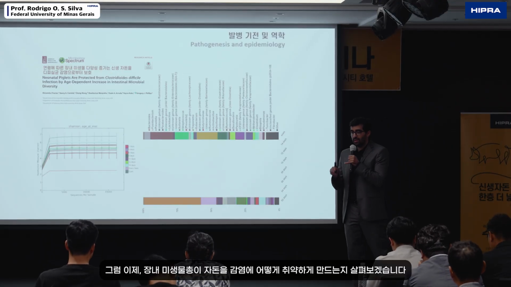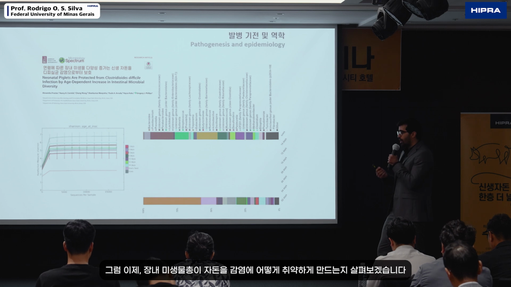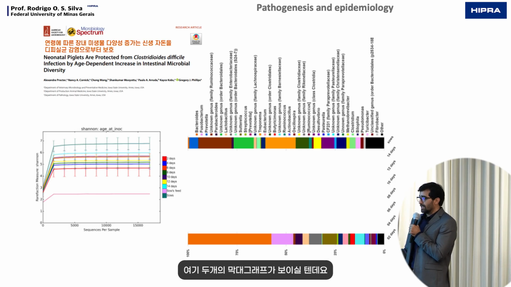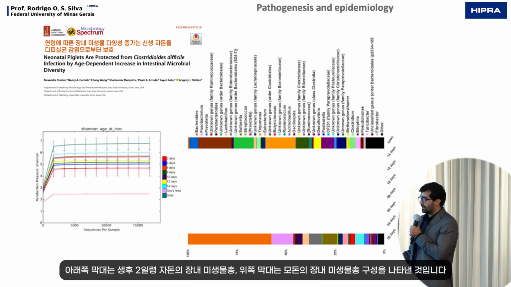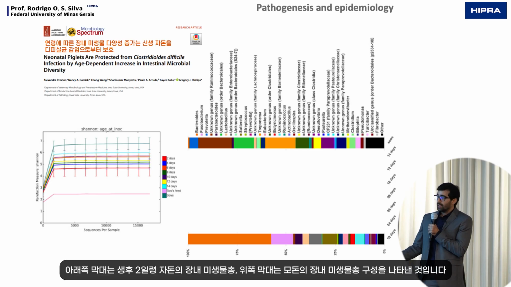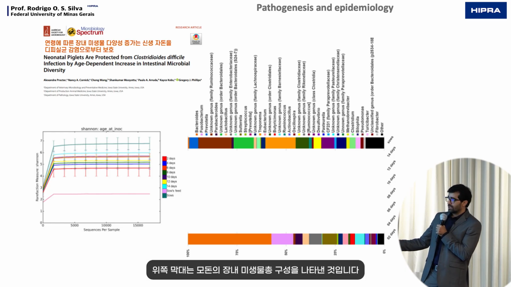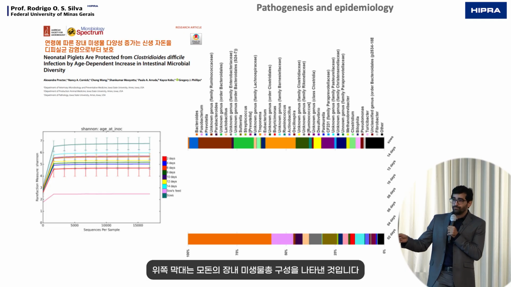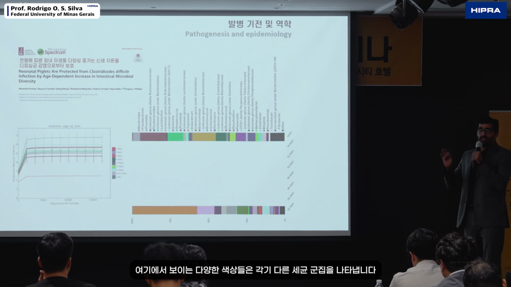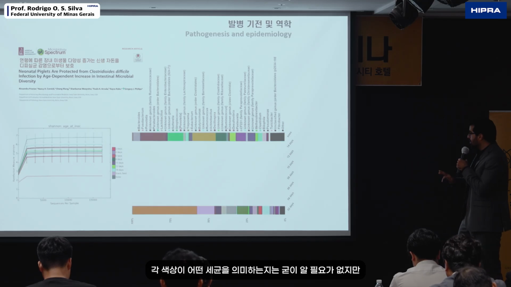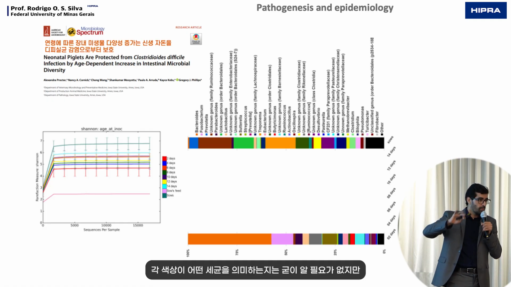So let's understand a bit more how this forming microbiota makes piglets susceptible to Clostridium difficile infection. Here you can see two bars. This bar at the bottom is the microbiota of a 2-day-old piglet, and this other bar is the microbiota of a sow. Different colors mean different groups of bacteria, but we don't need to know which color is associated with which group.